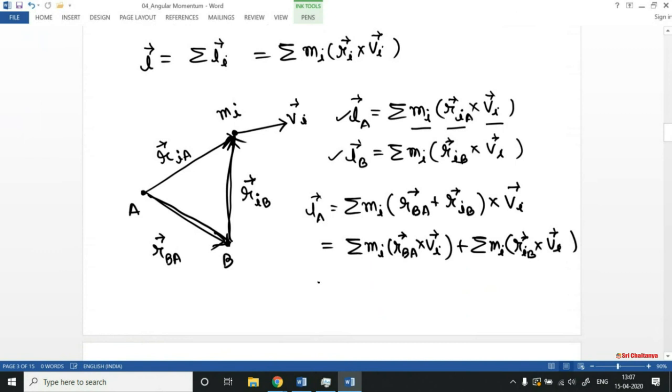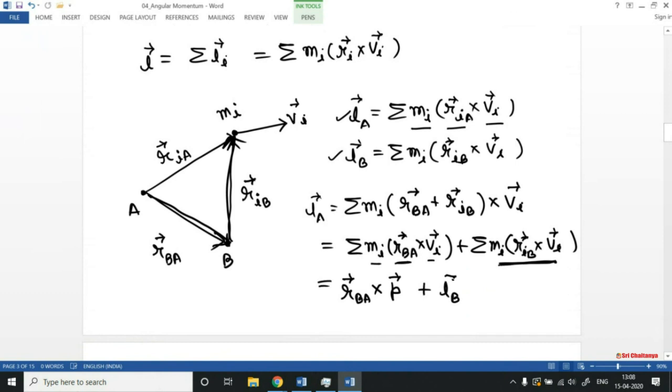So this quantity rBA is constant, so rBA will come out of the summation sign, and that will be cross product with summation of mi vi, which is the total linear momentum of the system, plus this quantity, which is basically the angular momentum of the system of particles with respect to B.